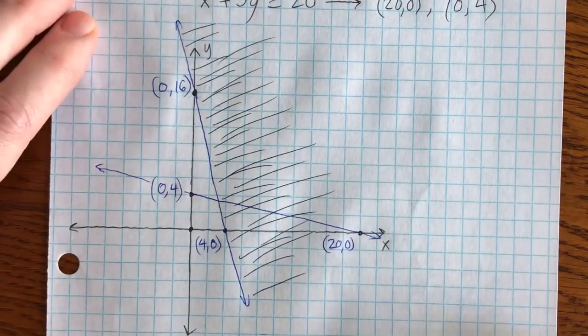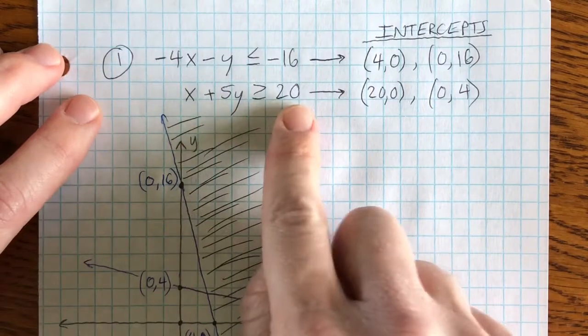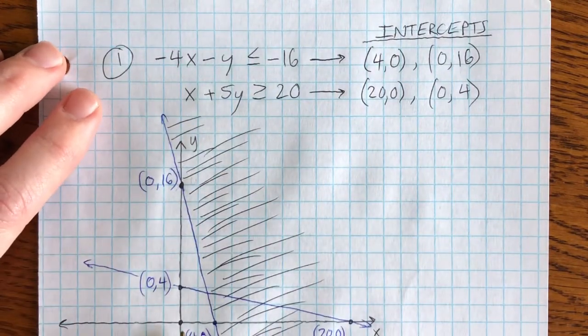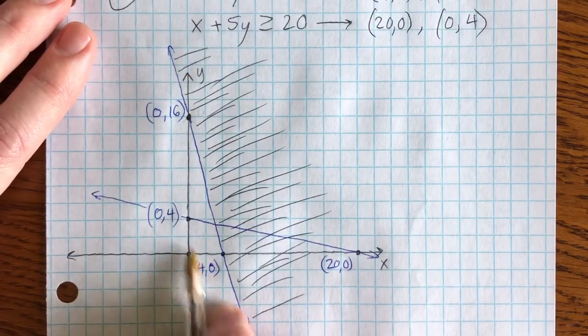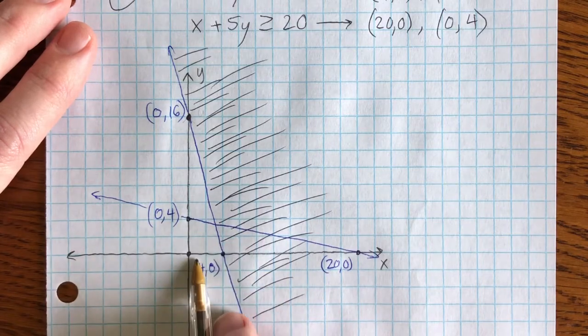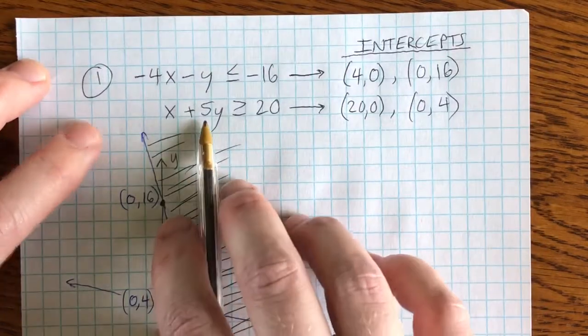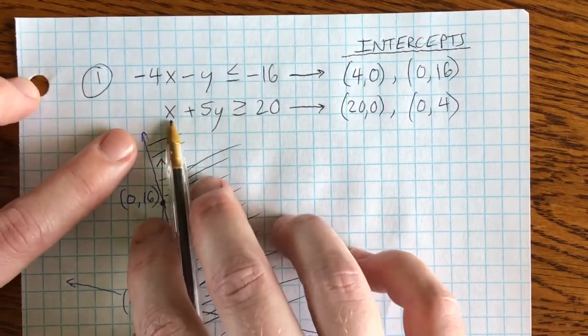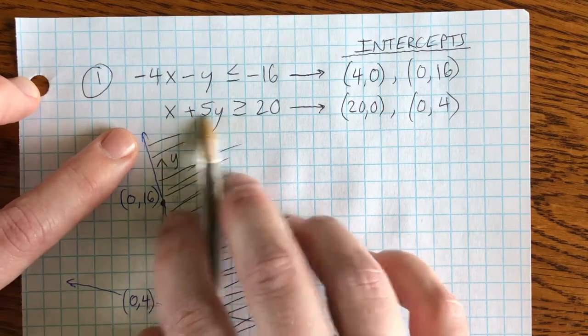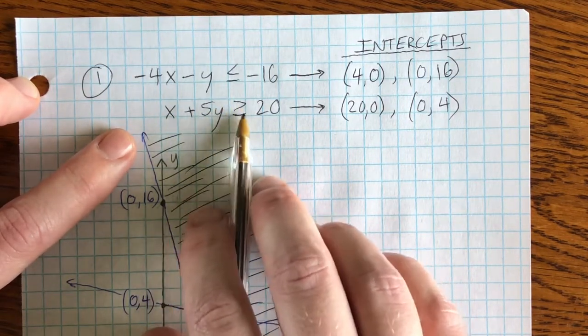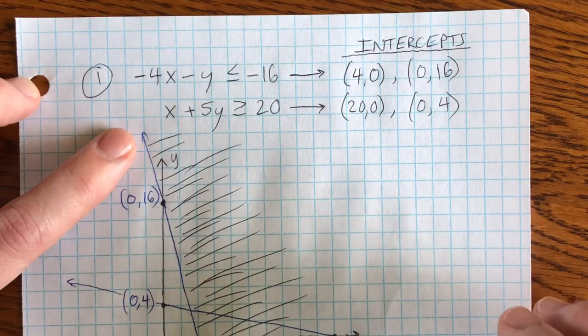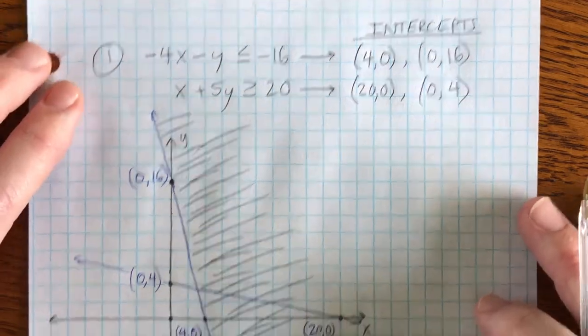Okay. Moving on to the next linear inequality. Same thing. Again, (0, 0) is not a point on this line, so let's use it to test this inequality. Is 0 greater than or equal to 20? No, 0 is not greater than or equal to 20.